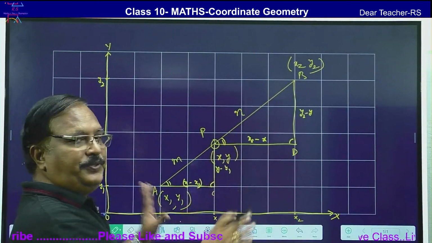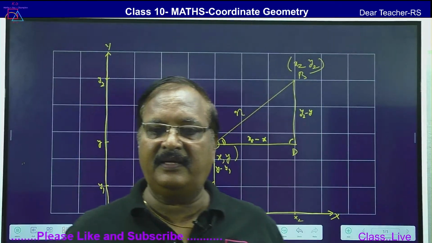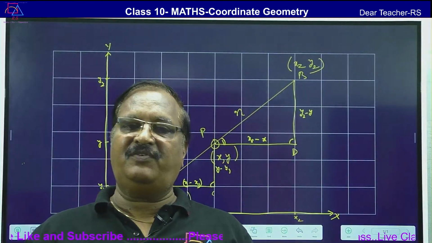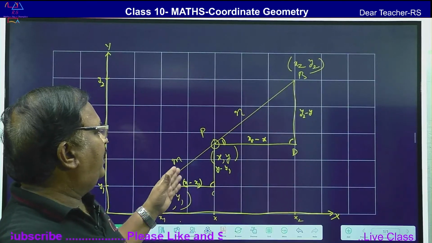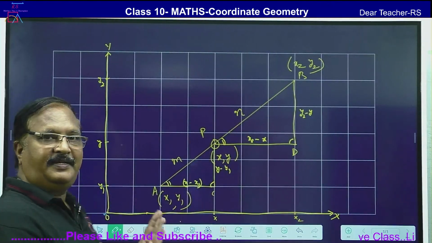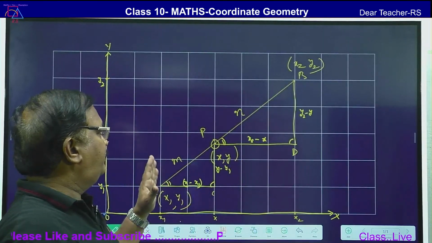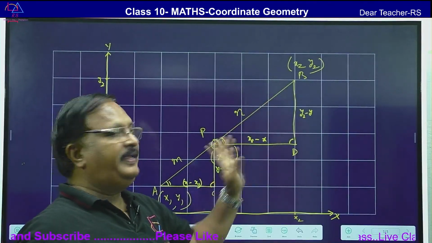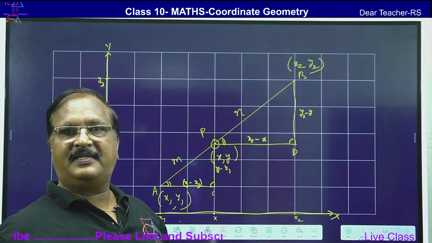So you have to describe this entire thing. I am just explaining the section formula. You have to draw the diagram, illustrate it point by point, and then prove that APC is similar to BPD with 2 points, and then corresponding sides are proportional.